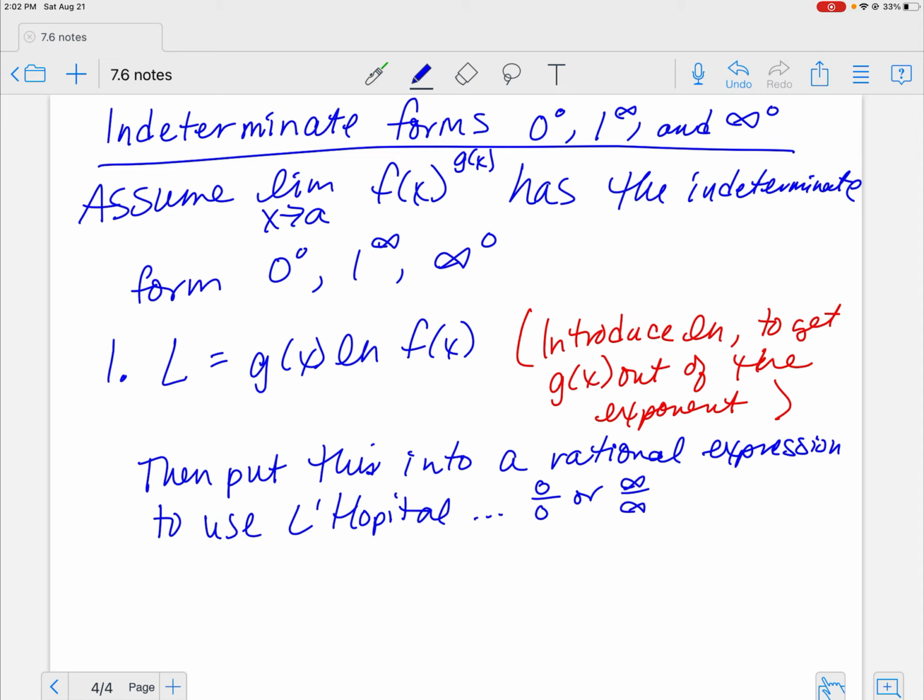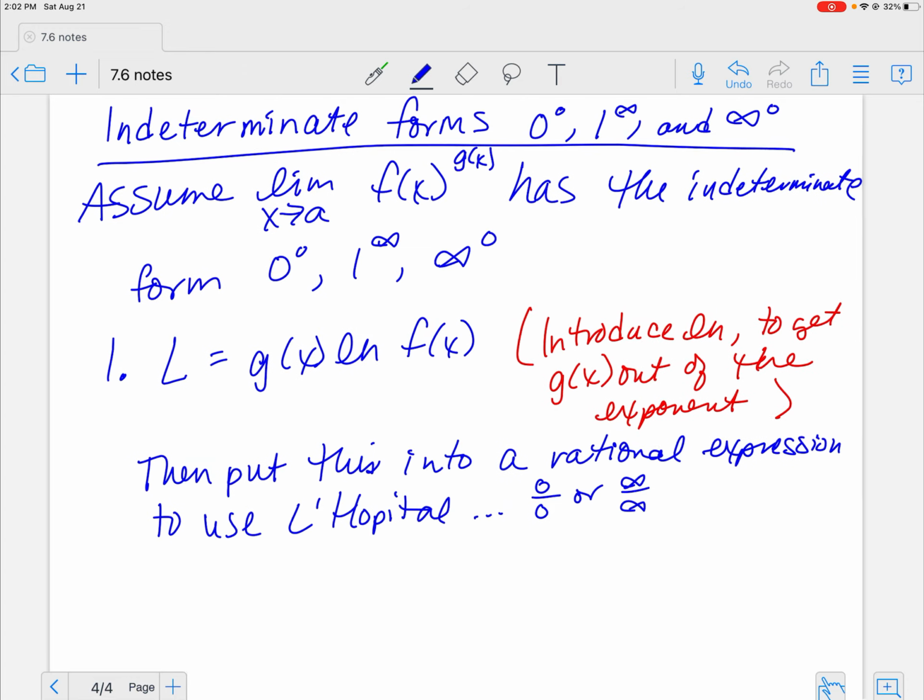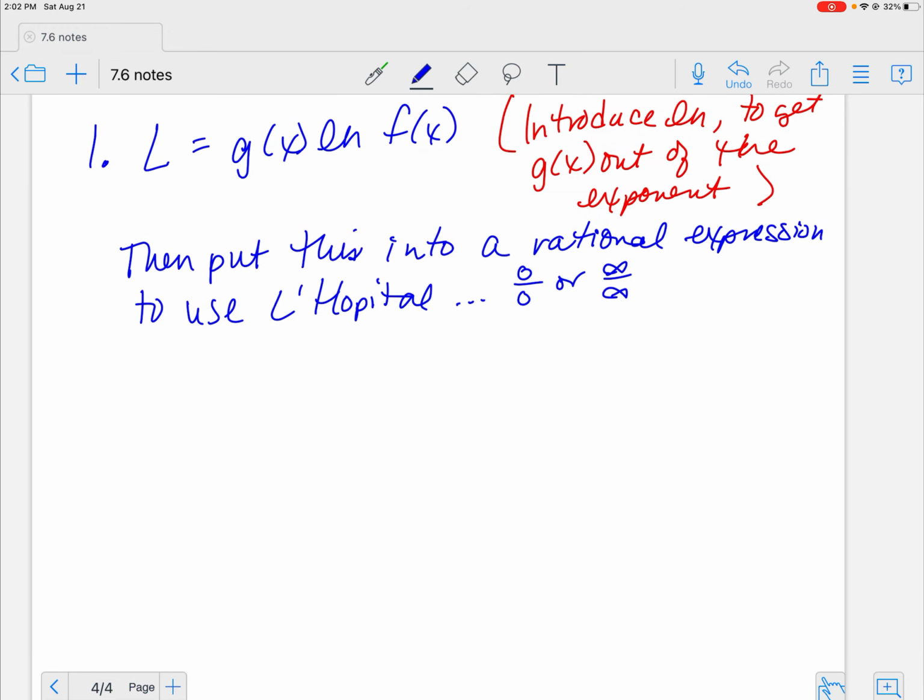All right. Same thing like the infinity times 0 deal. Once you have something that's multiplied, then you're going to manipulate that into a rational expression so we can actually use L'Hopital.